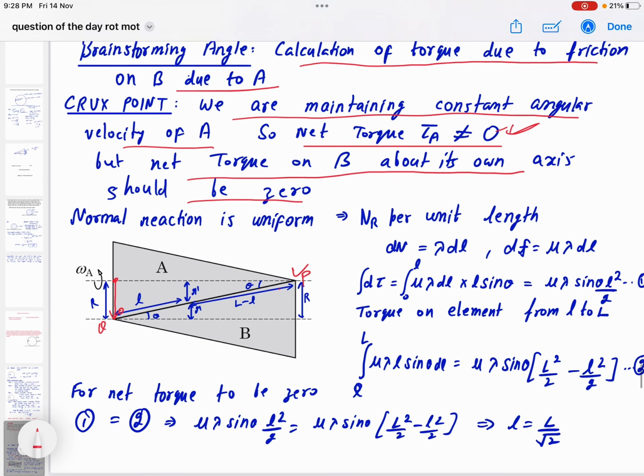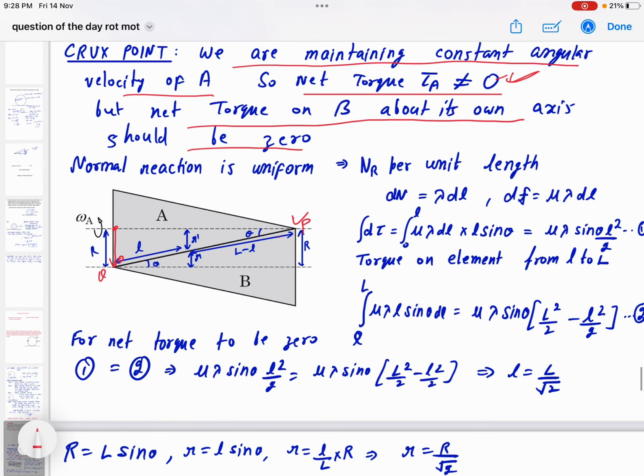So in this working, I will calculate the net torque on B. I assume a small element at length l. The normal force will be lambda dl, where lambda is the normal force per unit length. Then the small friction is mu lambda dl.